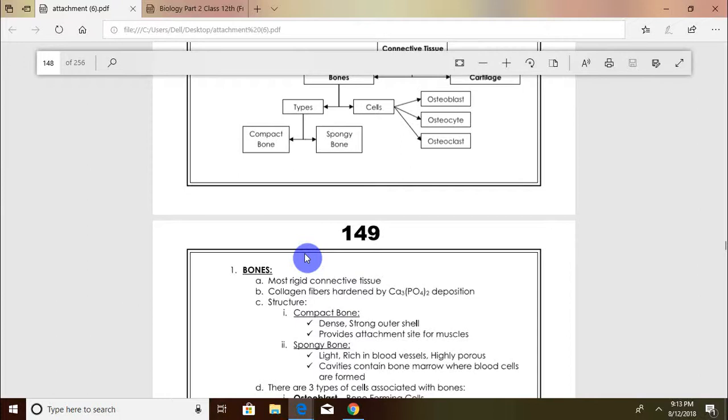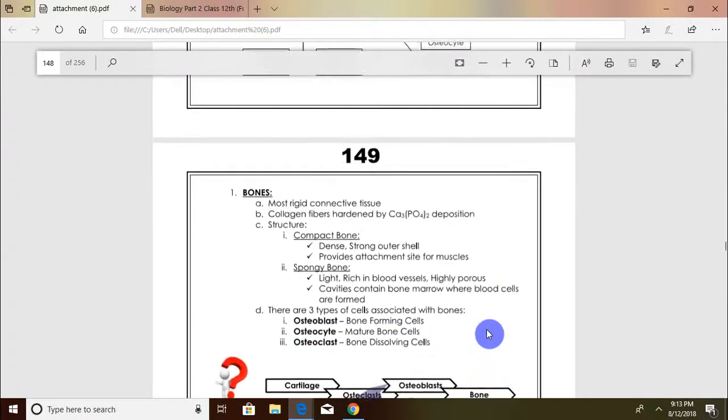It's pretty light, it's rich in blood vessels, and it's highly porous. And here's another difference that comes up, because cartilages are not penetrated by blood vessels, so another huge difference. And in the cavities of the spongy bone, there is bone marrow where blood cells are produced.